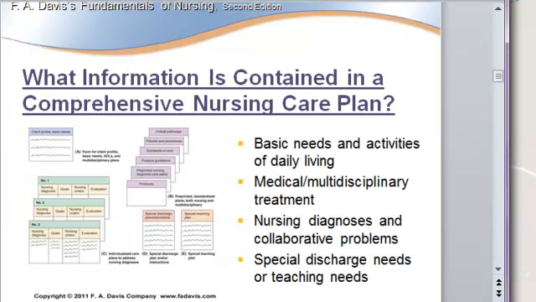So what kind of information do we need to put in a comprehensive nursing care plan? Well, they need the basic needs and activities of daily living, medical or multidisciplinary treatment, nursing diagnosis, collaborative problems, and any special discharge needs or teaching. It's very important.